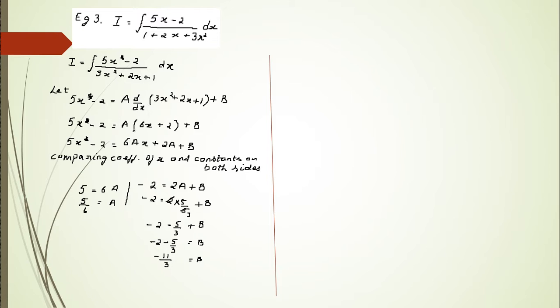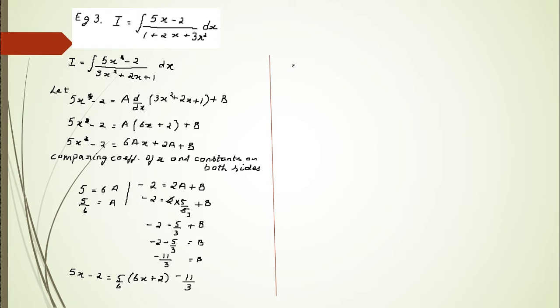Now I'll put the values here. So I'll get 5x minus 2 is equal to a into 6x plus 2 plus, that is minus 11 by 3. Right?